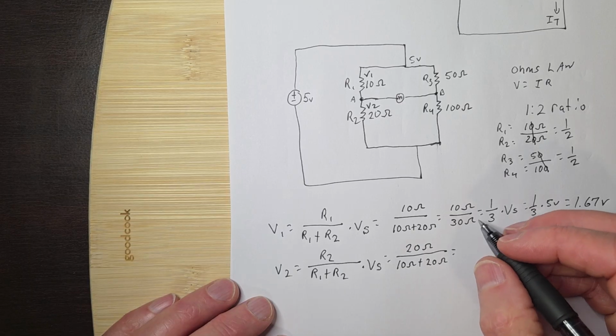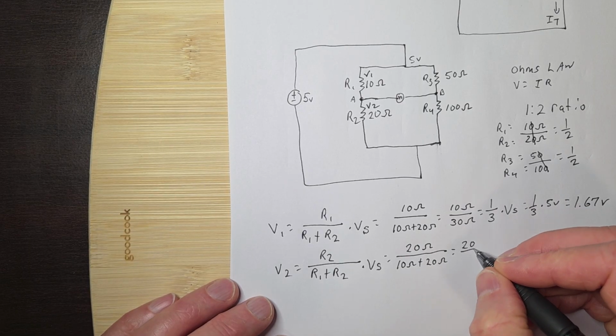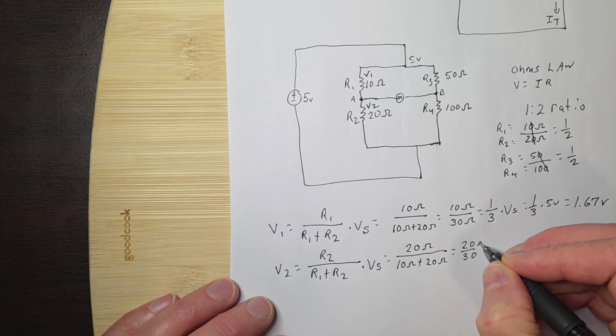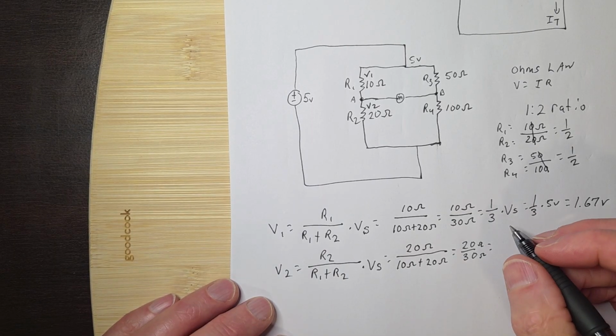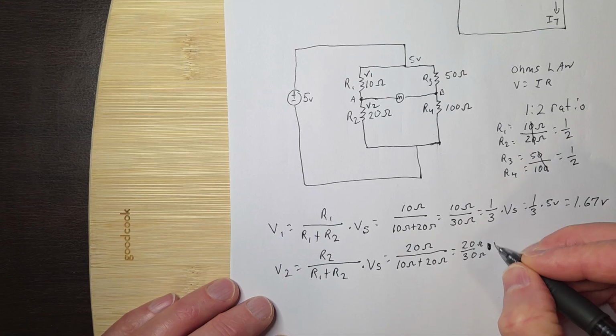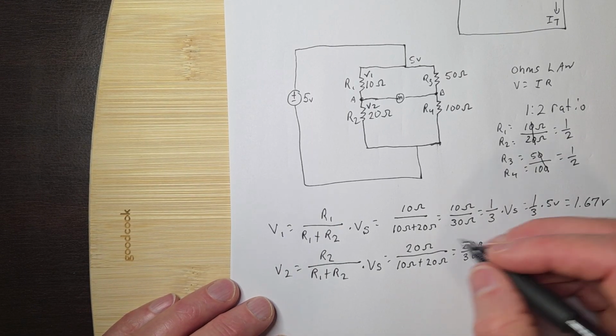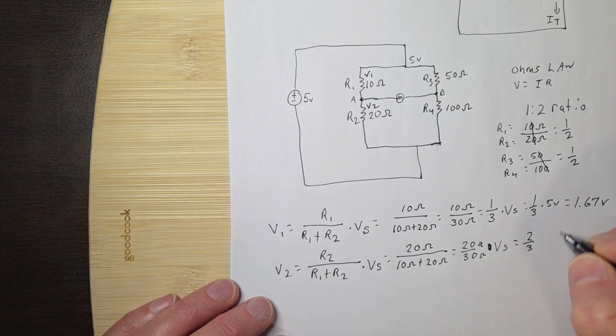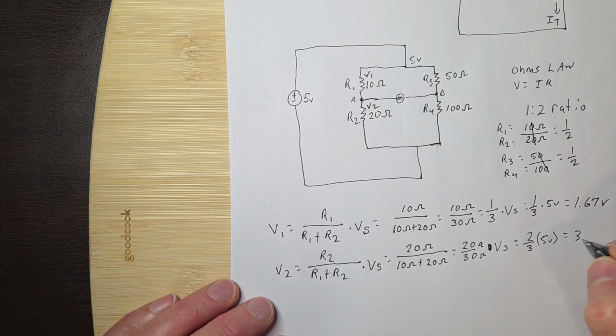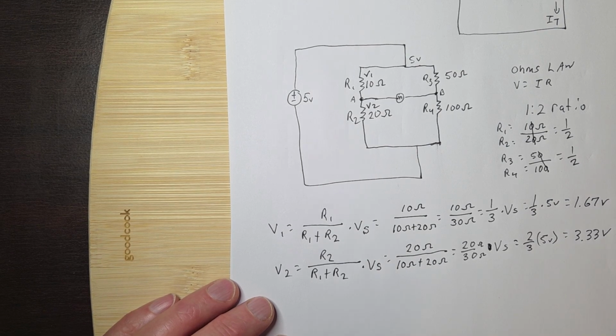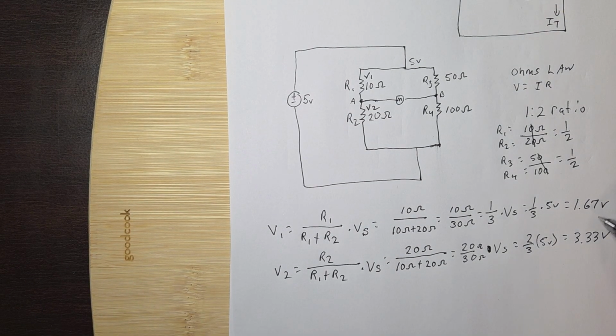So that'd be 20 over 30 ohms, times Vs, which is going to equal 2/3 times Vs, which is 5 volts, is equal to 3.33 volts.